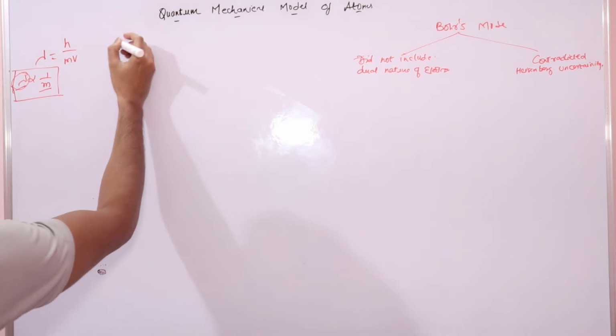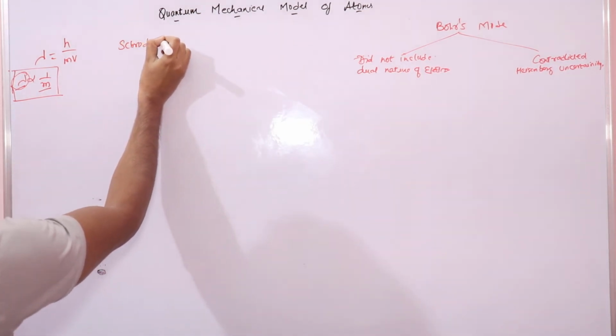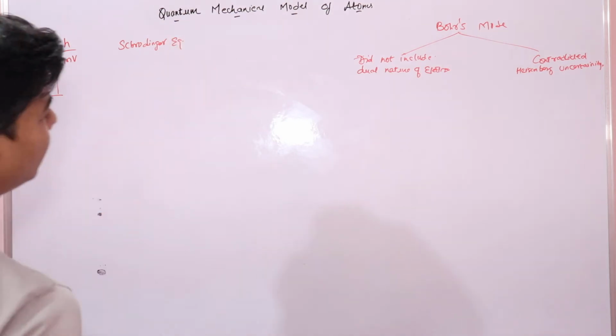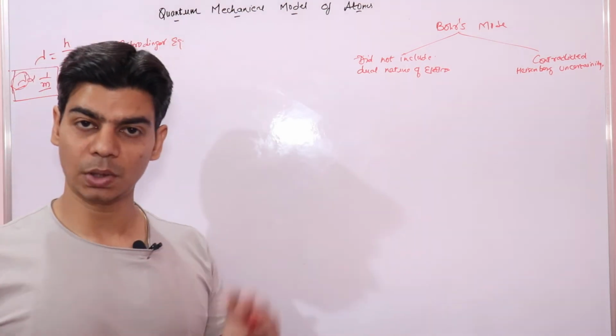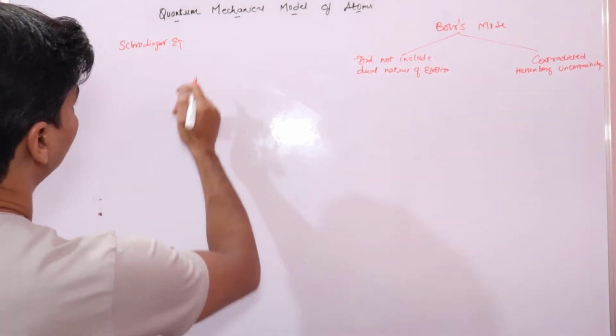So the Schrodinger equation, we call it the heart of quantum mechanics. Everywhere in quantum mechanics you will find this equation.